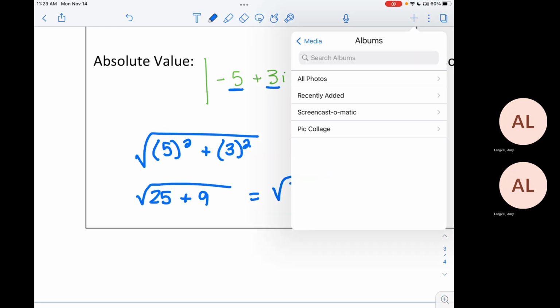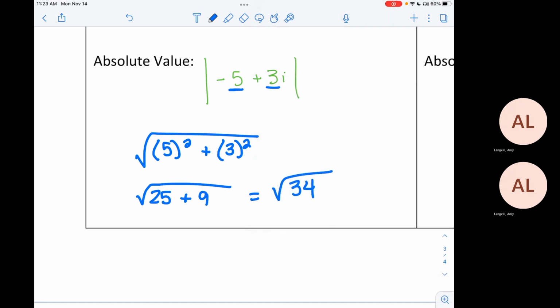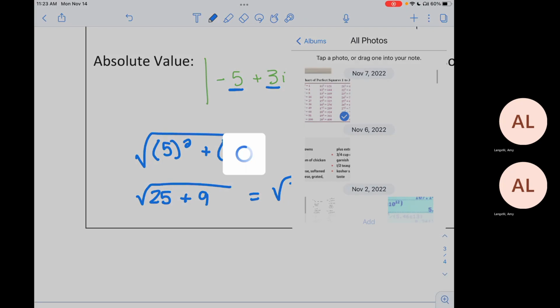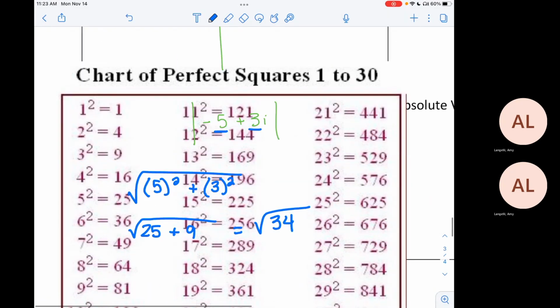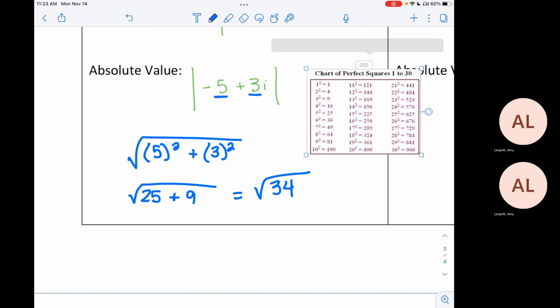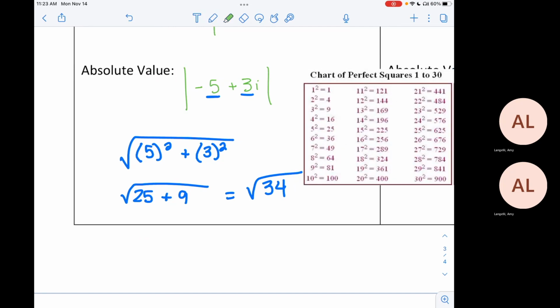And if I used my chart, I don't know where that went. Does anything on this chart go into 34? Do any numbers on this chart go into 34? Yeah, other than 1, nothing, right?